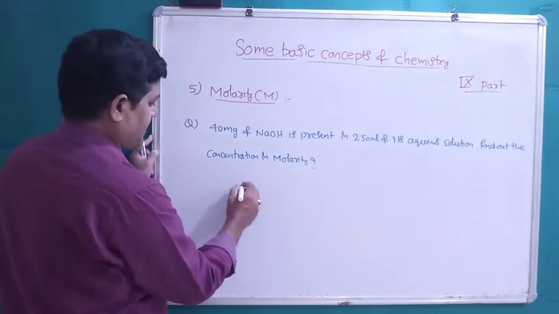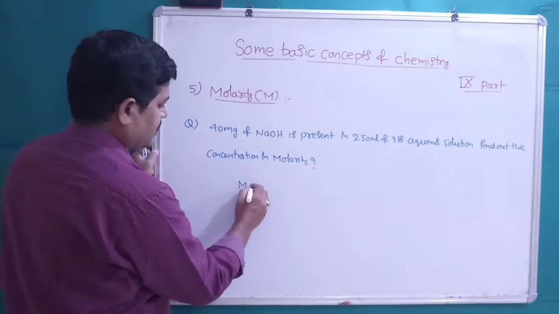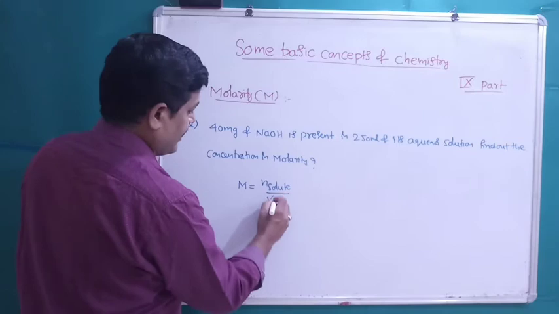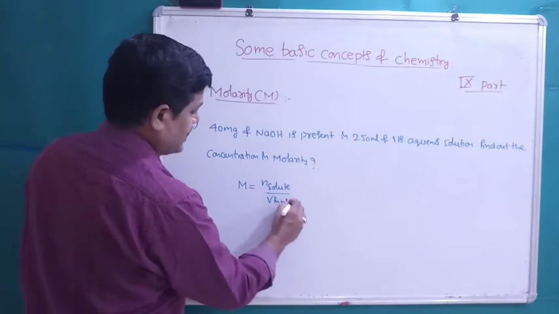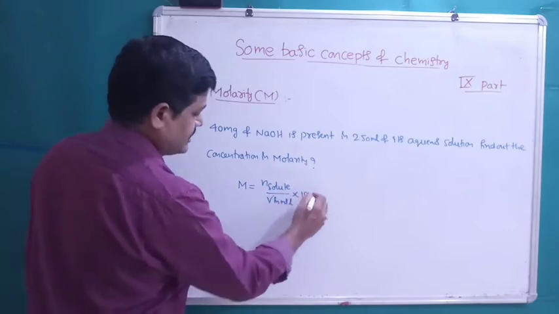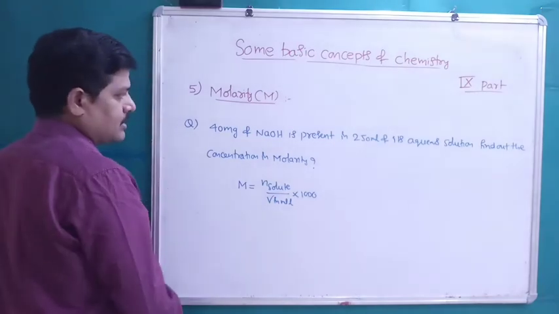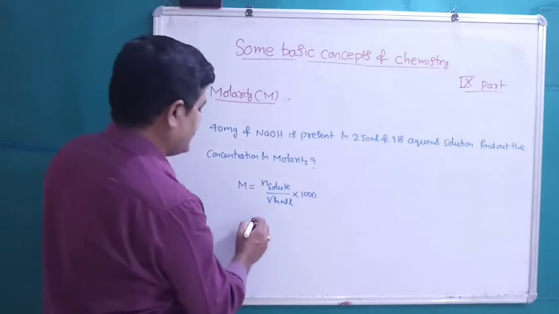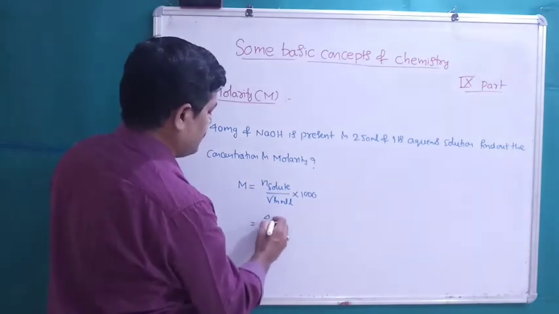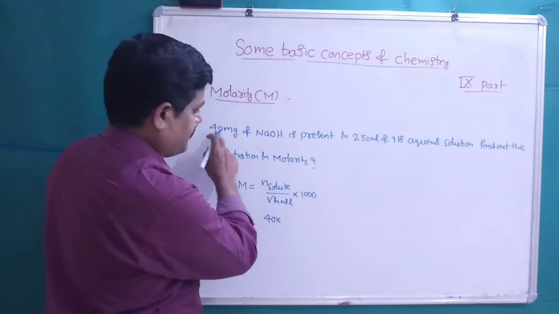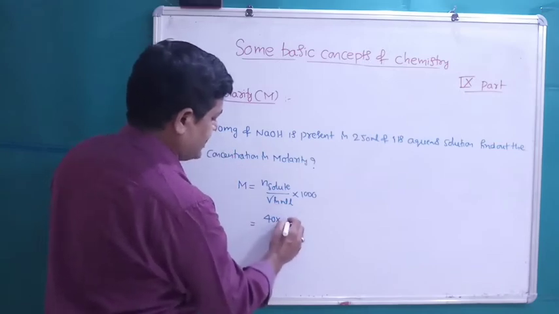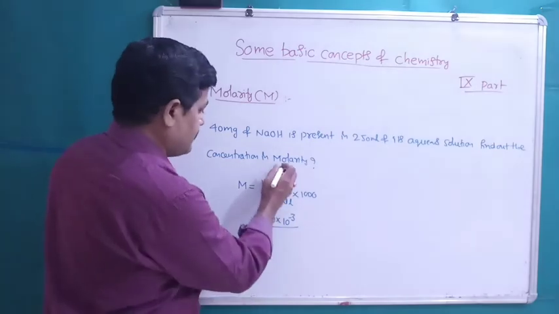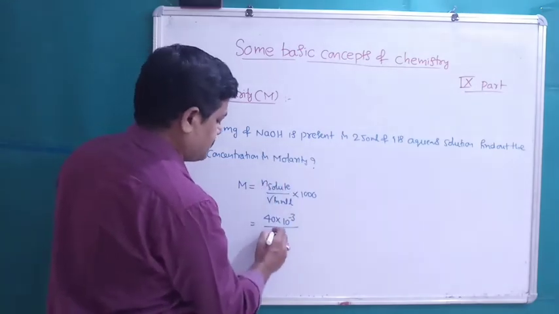Students, let us take the formula. Molarity is equal to the number of moles of the solute divided by the volume of the solution. If it is given in ml, then multiply by 1000. When the weight of the solute is given, to convert into the number of moles, take the given weight in grams: 40 milligrams is equal to 40 into 10 power minus 3 grams, divided by the molecular weight of NaOH, which is 40.